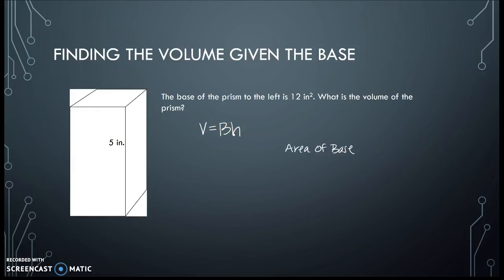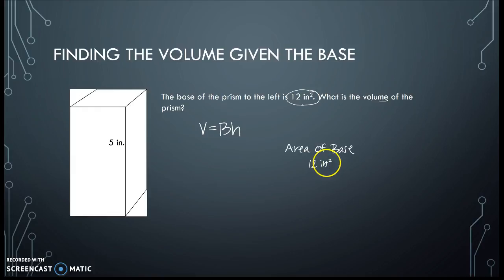Now in this case, there's no calculation because it's saying that the base of the prism is 12 inches squared. Well, if it's saying inches squared, we know that that's already the area, okay? So it's providing us with this number.